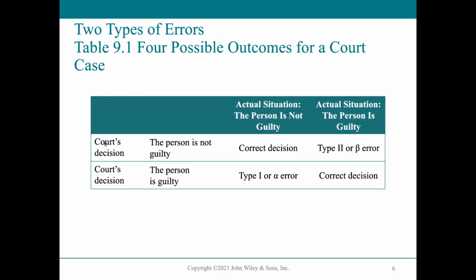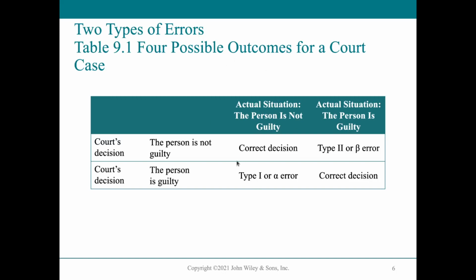So we have the actual situation, which is the truth, versus the decision of the court, or, from the point of view of yourself as the investigator, your decision whether you should accept or not accept the null hypothesis.